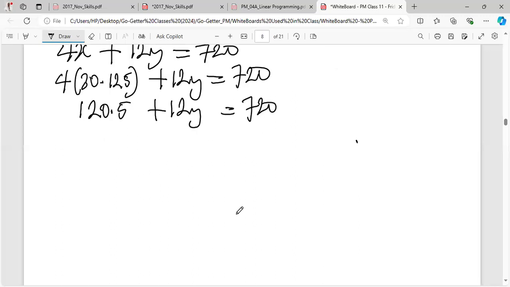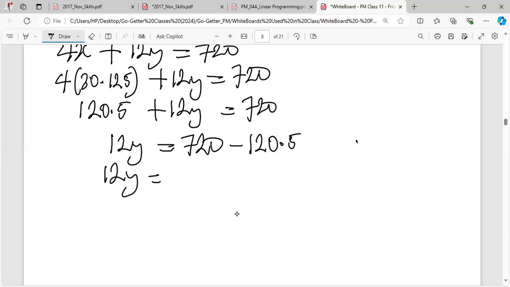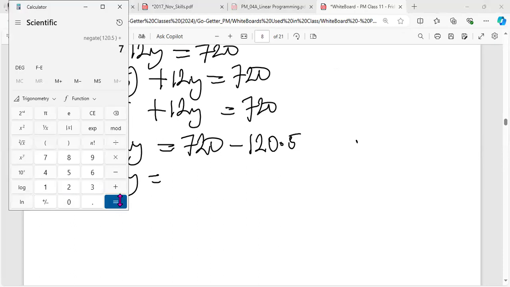So what do we do? 12y retains its position, 720 retains its position, and this goes over, it becomes minus 120.5. So we have 12y gives us, put the minus here, 720 minus 120.5 will give me 599.5.